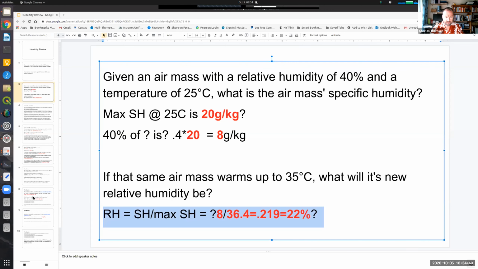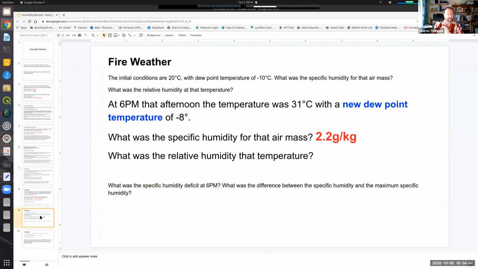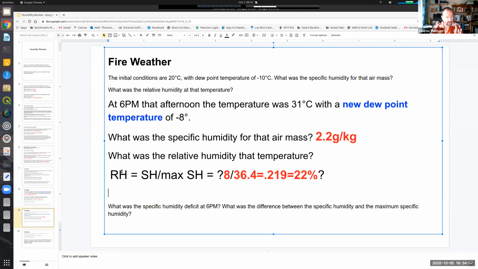Oh, sorry, Nicole. That's okay. There you go. Are you good with that so far? Yeah. And then relative humidity. Relative humidity equals specific humidity over max.